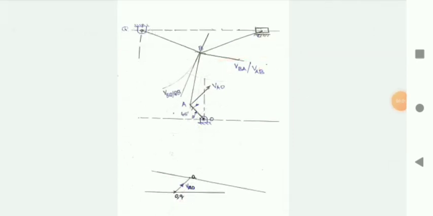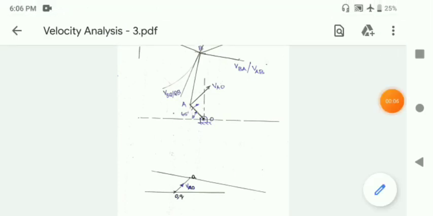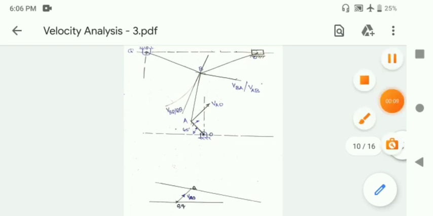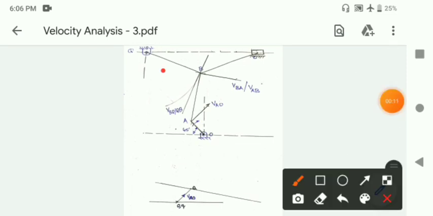Now we will move to link BQ. You can select link BC also, but at that moment when I drew the velocity diagram, I selected BQ after the slider. Regarding link BQ, we know that Q is a fixed point. So link BQ will have a rotational motion.